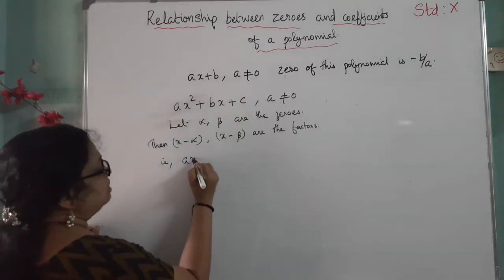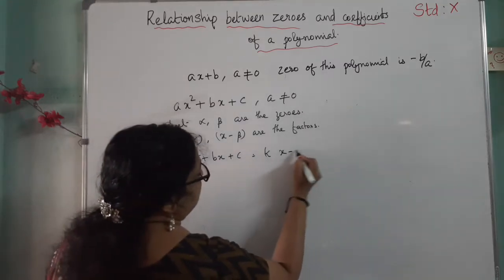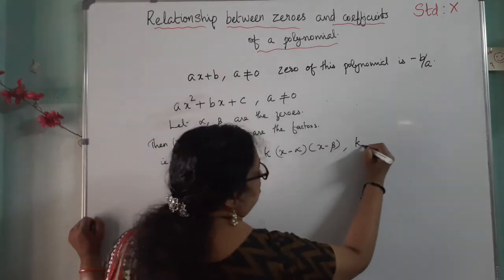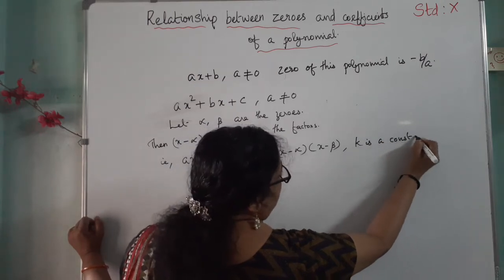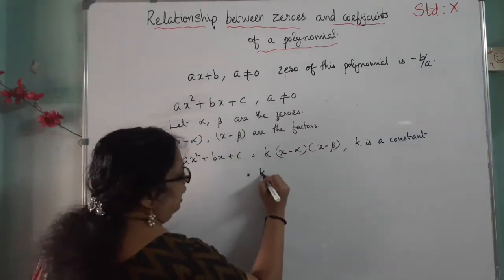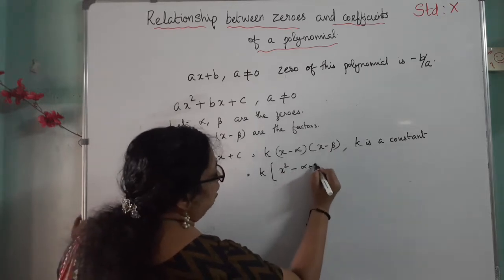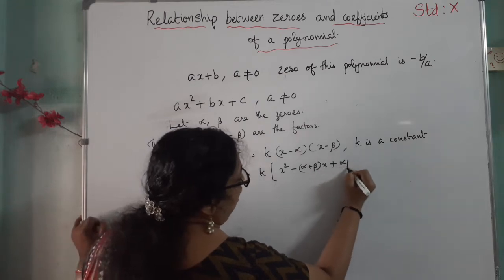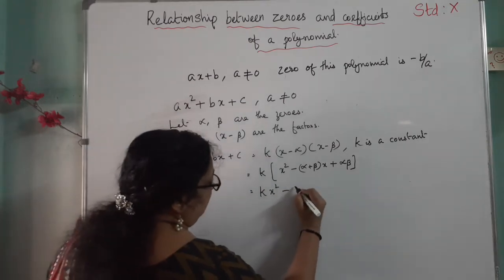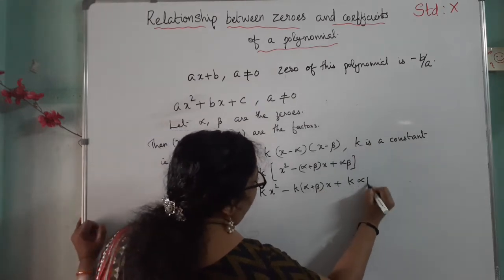That is, ax square plus bx plus c is equal to k into x minus alpha into x minus beta, where k is a constant. Then that equals k into x square minus alpha plus beta into x plus alpha beta, which is equal to kx square minus k into alpha plus beta into x plus k alpha beta.